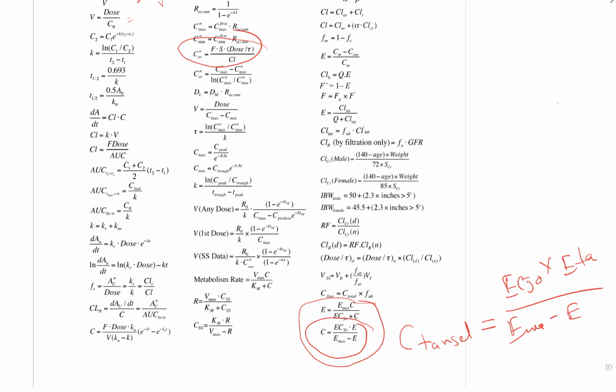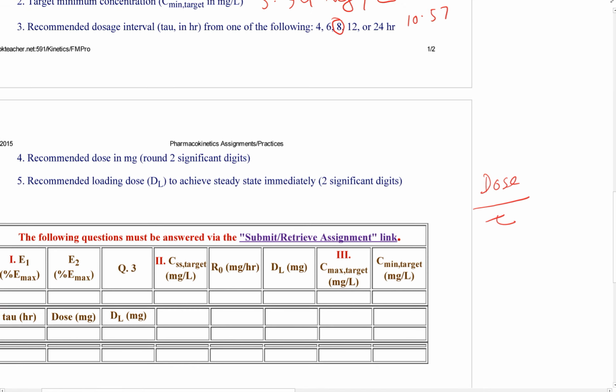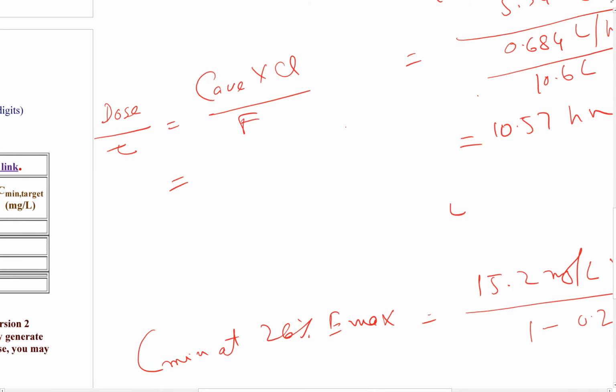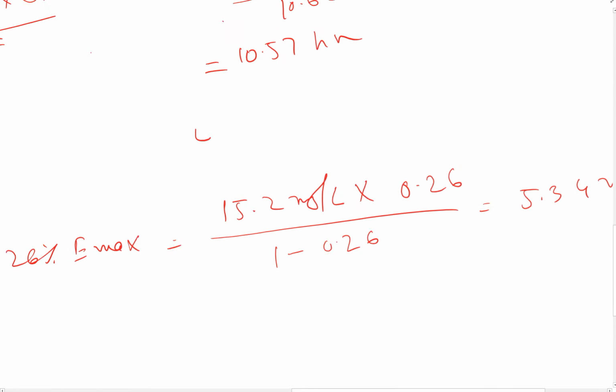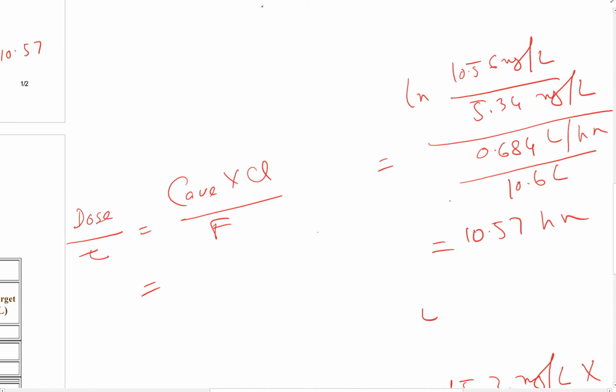So you have to rearrange that equation. Dose by tau, we are talking about this one, number 4. Dose by tau is equal to C average times CL by F.